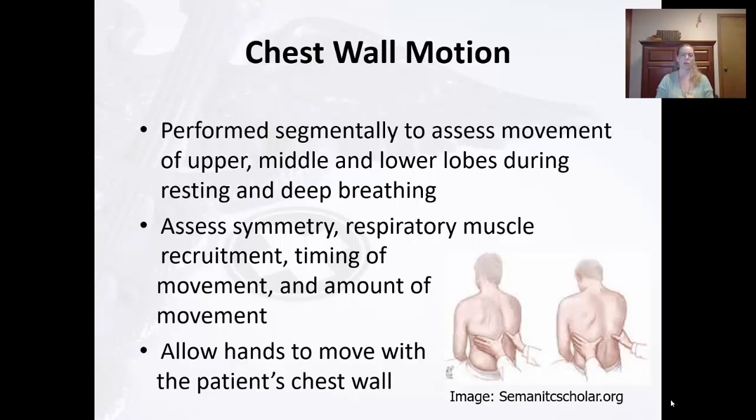To assess the middle fields, you're going to put your thumbs together on the spinous process, and you want the inferior angle of the scapula to be in the V of your hand, or the web space of your hand. Remember that in this position, now we're going to be able to start feeling expansion of the chest wall laterally, so those intercostal muscles coming into play.